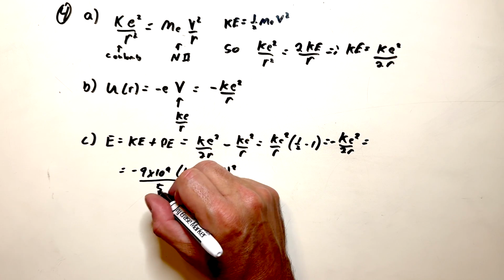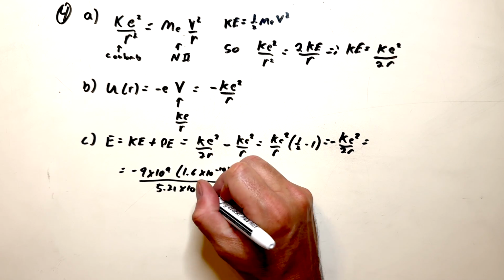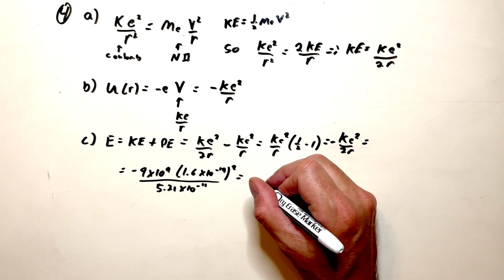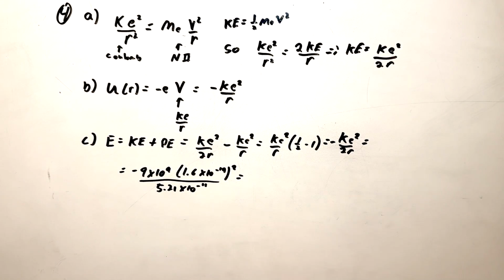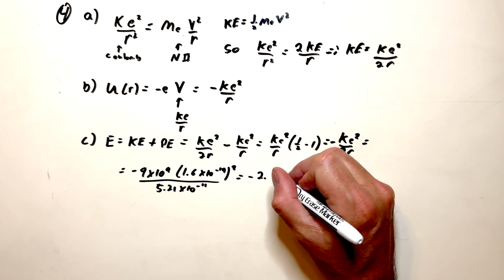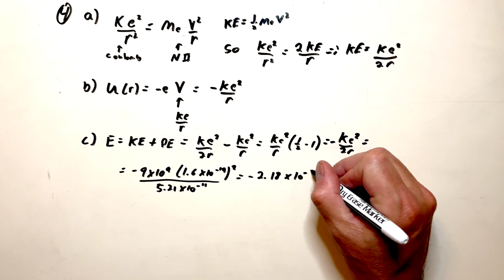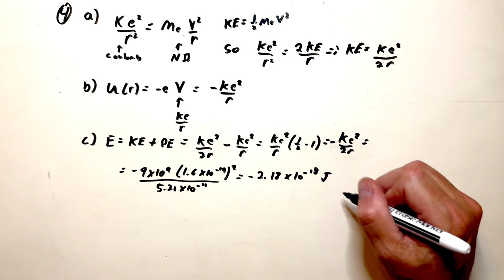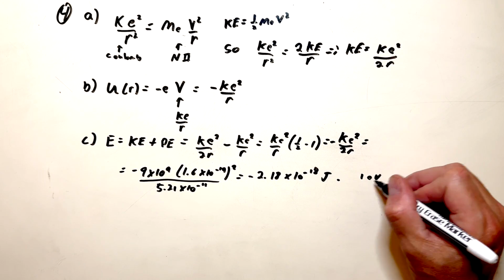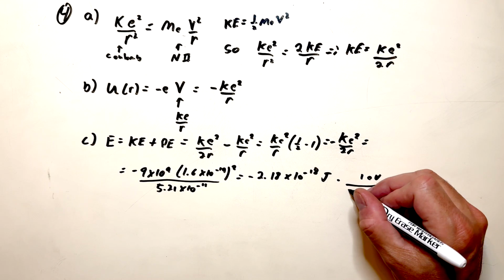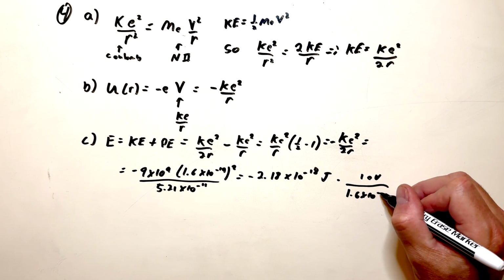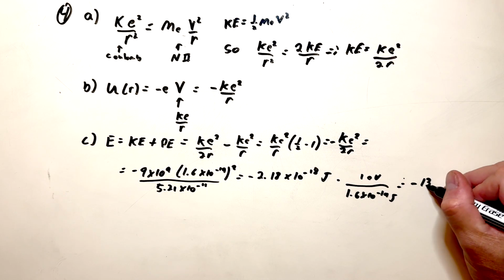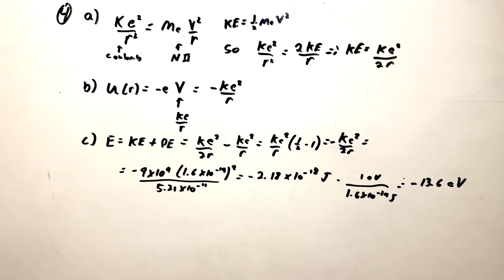Divide that by 5.21 times 10 to the minus 11 for the distance, and that will be minus 2.18 times 10 to the minus 18 joules. But we wanted it in electron volts, so we have to multiply this times 1 electron volt for every 1.6 times 10 to the minus 19 joules. Gives me minus 13.6 electron volts.